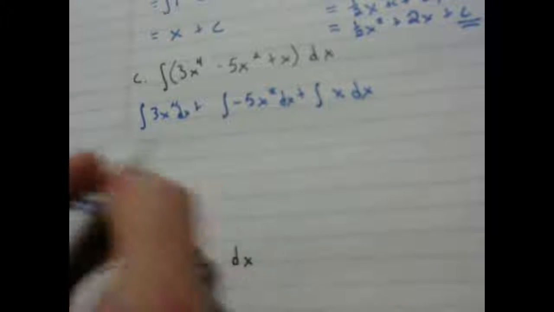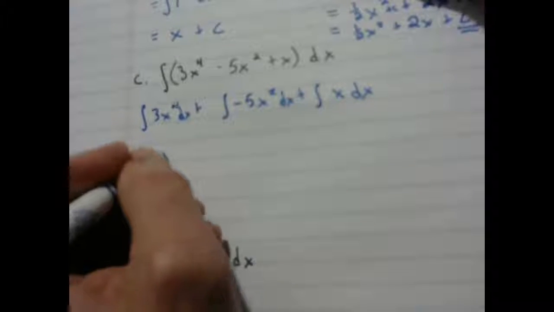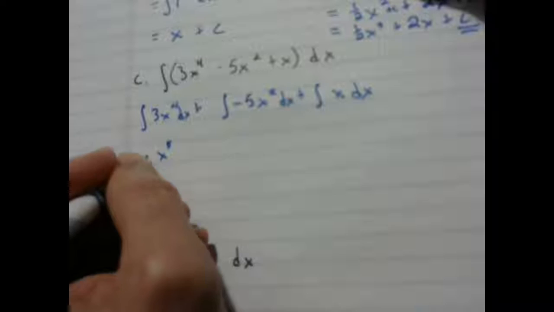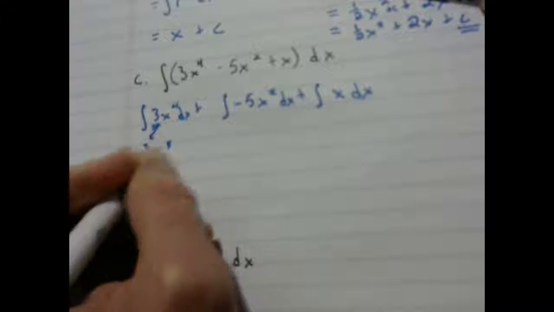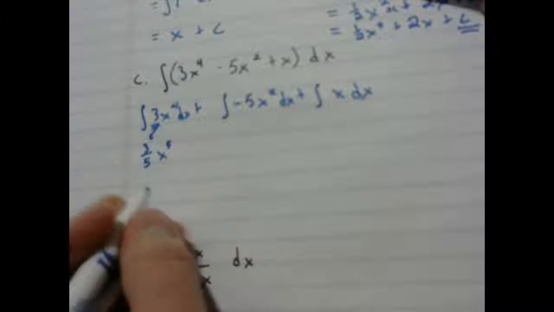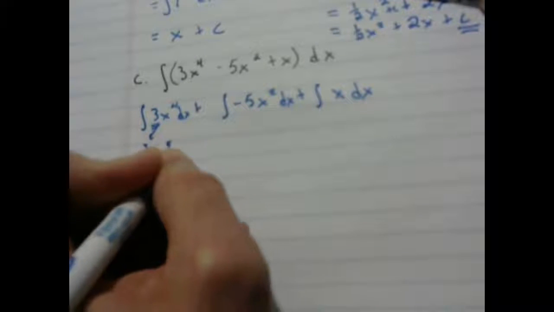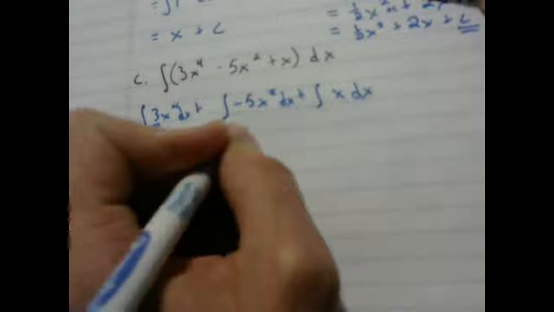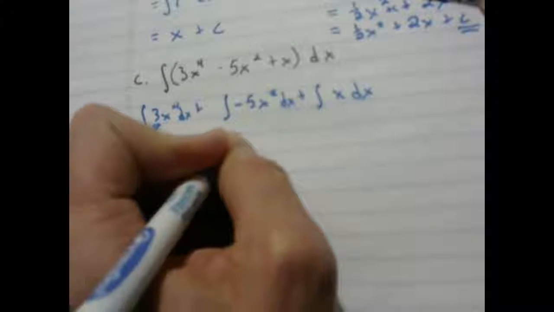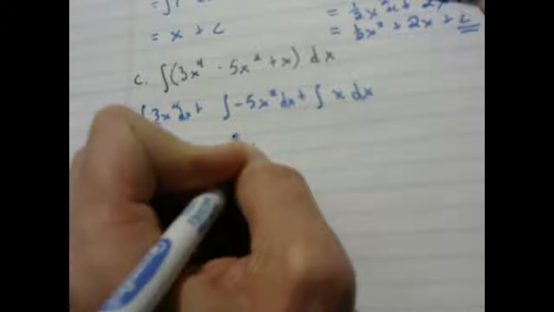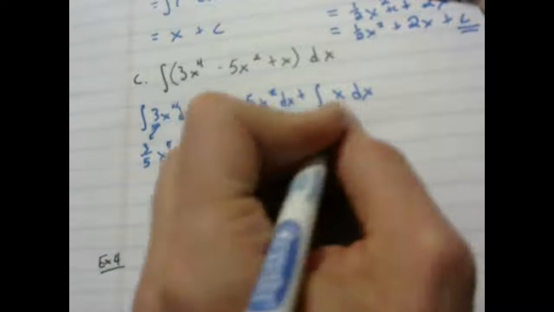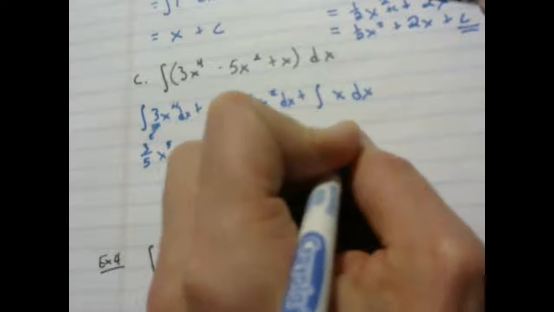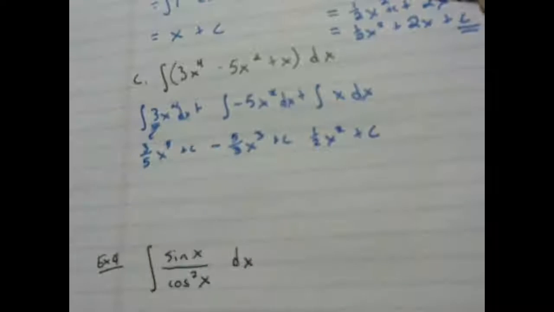Well, this one is going to be x to the 5th, and I have to divide by 5, so it should be 3 over 5, the 3 coming from here, and then the 5 coming from what my integral is. That way I'm ending up with a 3. Okay, and then I can do plus c, and then I can do negative 5 over 3 x to the 3rd plus c, and then I can say this is 1/2 x squared plus c.